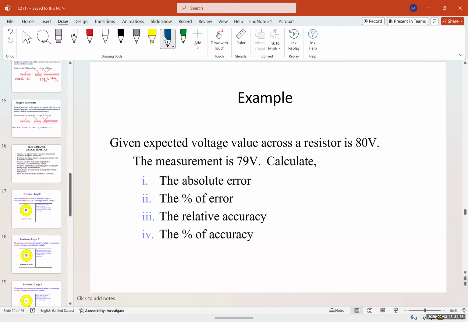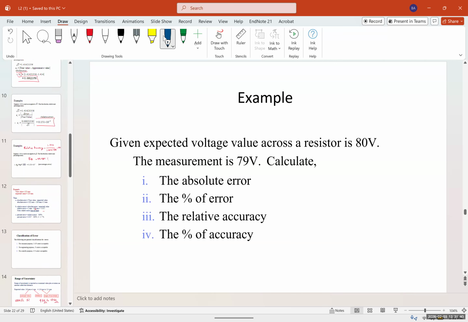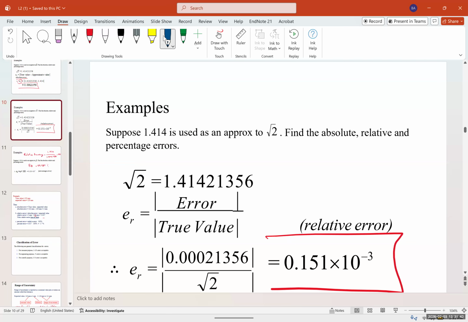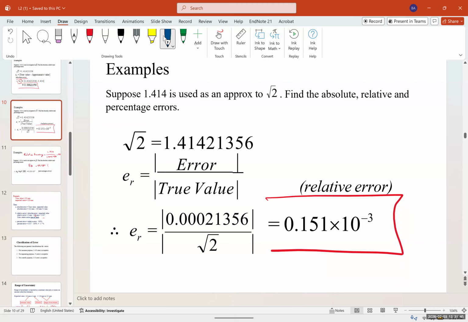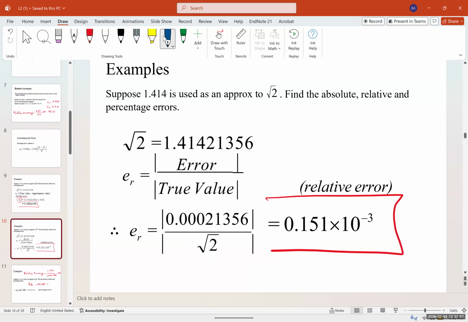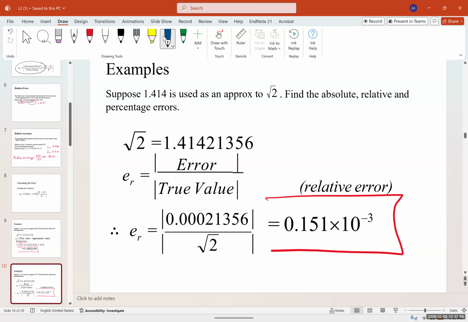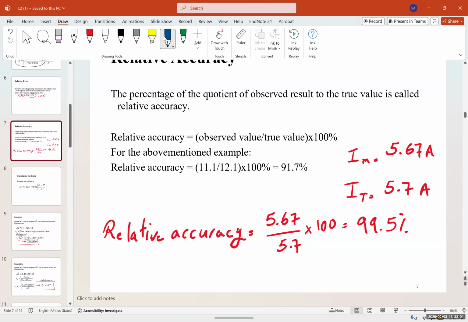So I'm going to go back to the equation. If you want to write it down, the relative error is the error divided by the true value. You can write this down. The relative accuracy is going to be the observed value over the true value times 100% to make the percent.